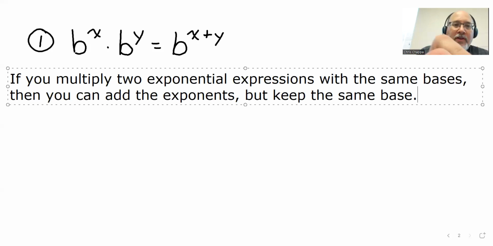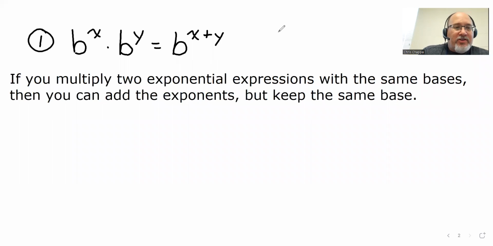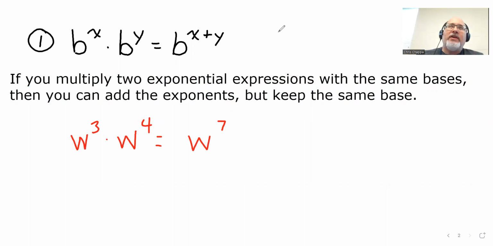For example, if we wanted to do something like w to the third power times w to the fourth power, all this says is that you add them to get 7, and then you keep the w the same. Now, the inclination here is to want to multiply the exponents because it says times.